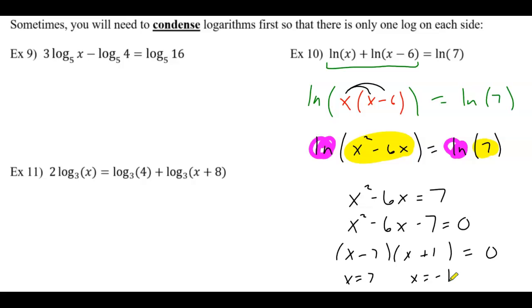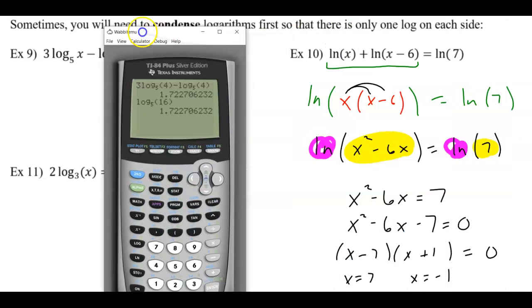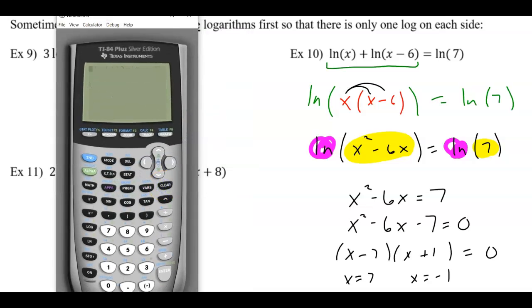Okay, now I did warn you on the front page, with logarithms, we can have extraneous solutions. So let's check -1. We know that those negative numbers can be weird sometimes. So if I type in the left side of this equation with -1 for x, you can use the natural log button of -1 plus the natural log of -1 minus 6.